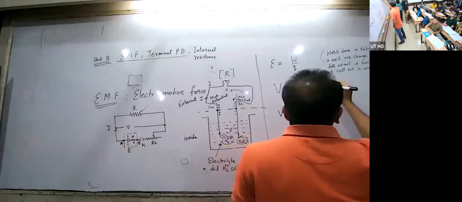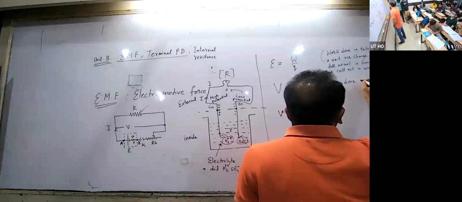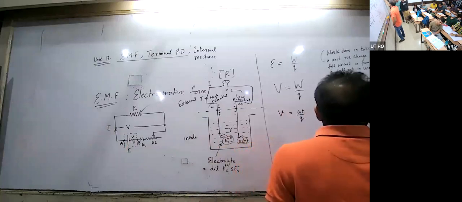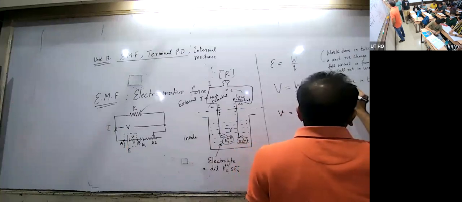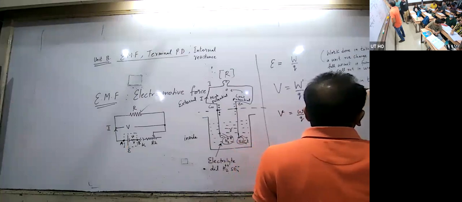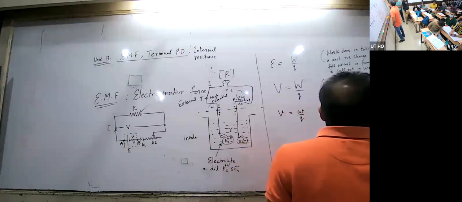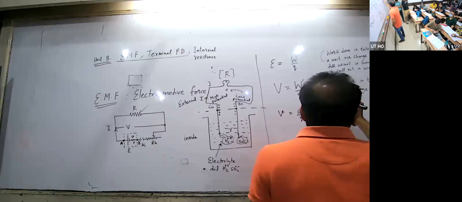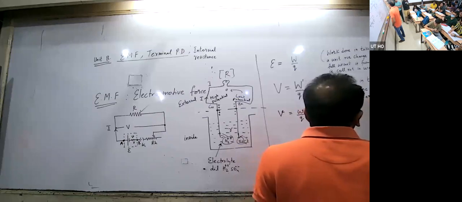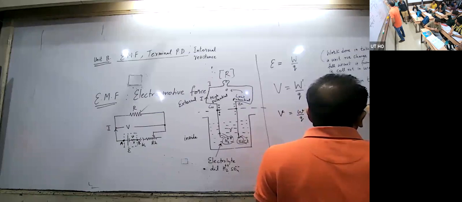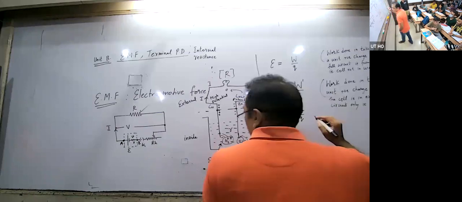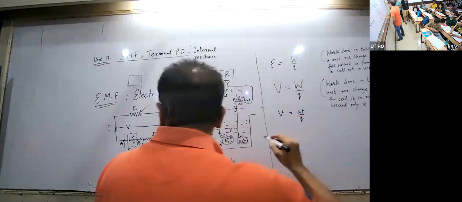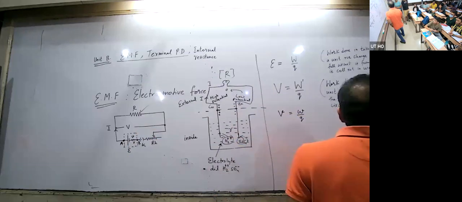This is the work done in taking a unit positive charge outside the cell, that is in the external circuit only, from A to B, between the two terminals.